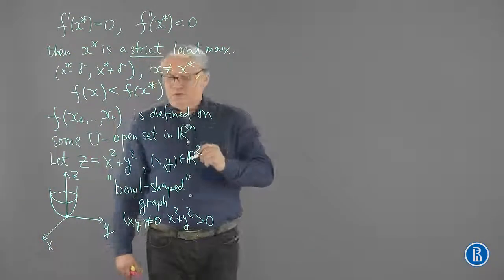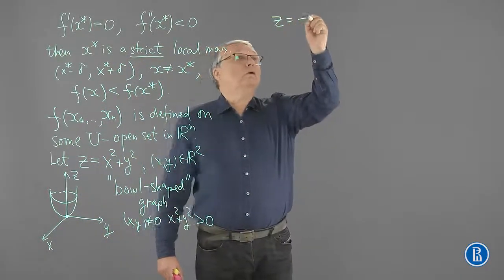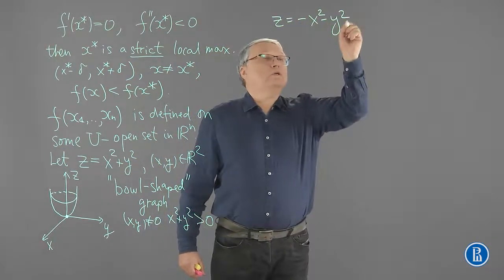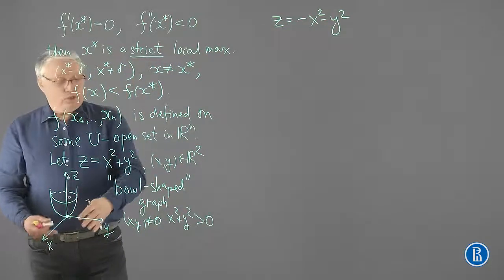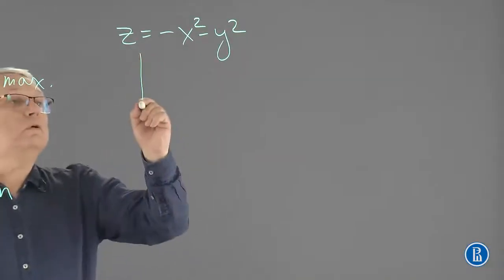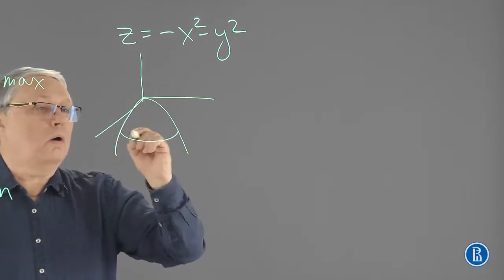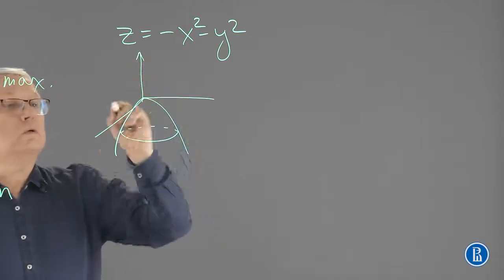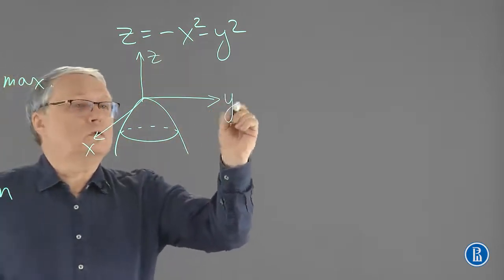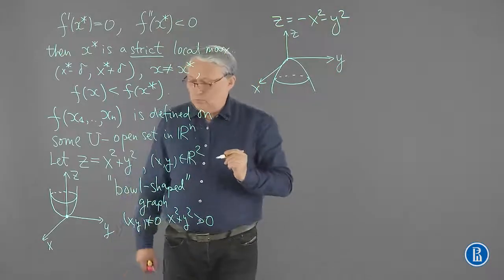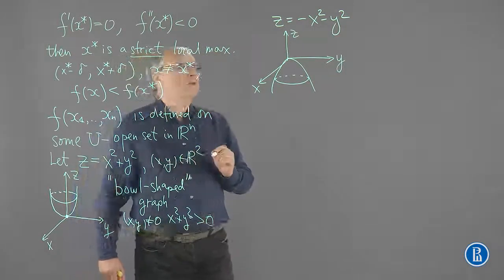Now, if we reverse the signs in the definition of the function z, and we'll make it minus x squared minus y squared, we have to reflect this bowl upside down, and the graph this time looks like that. And the origin this time becomes the point of the strict global maximum.